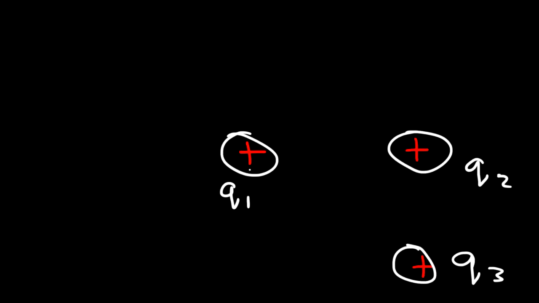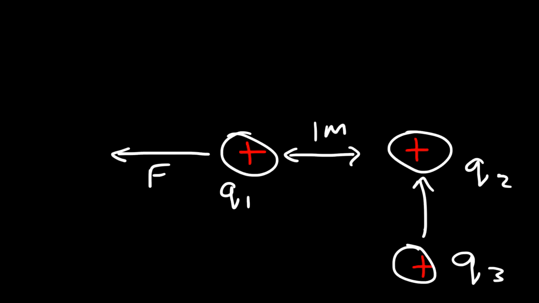Now, Q1 is repelled by Q2. So Q2 causes Q1 to move in this direction. Let's say the distance here is 1 meter, and the distance here is 1 meter. Now the distance between Q1 and Q3 will be greater than 1 meter based on the Pythagorean theorem.